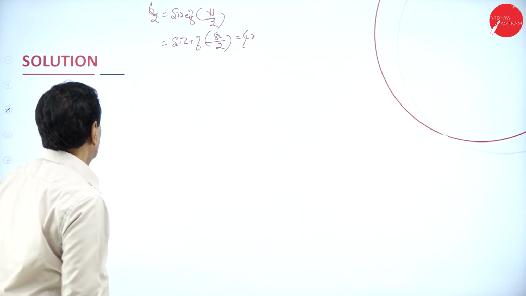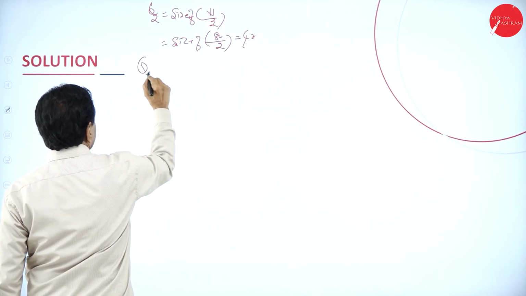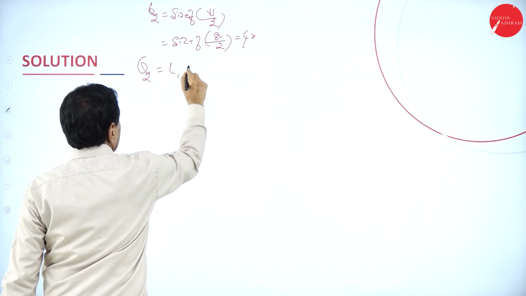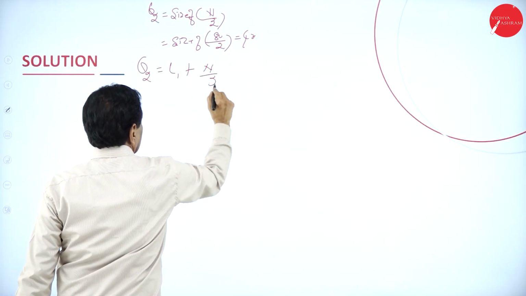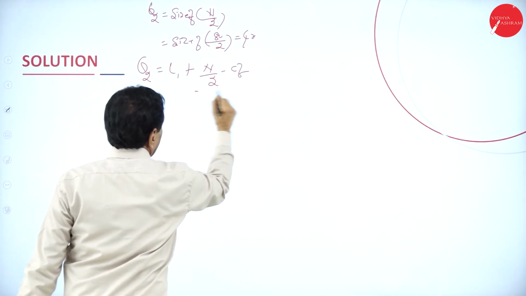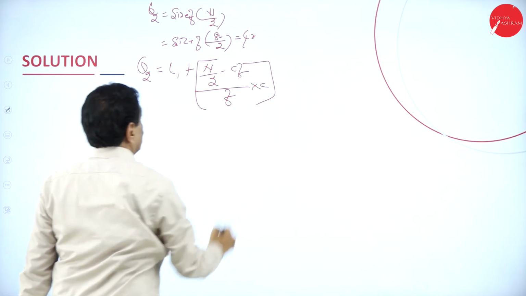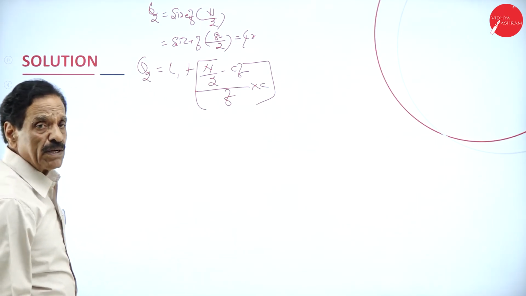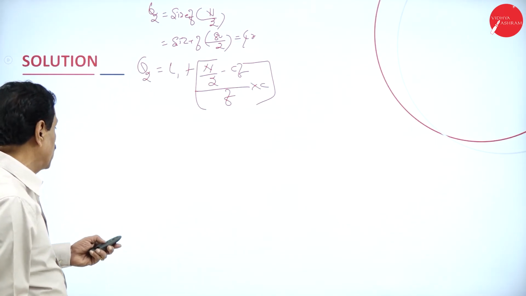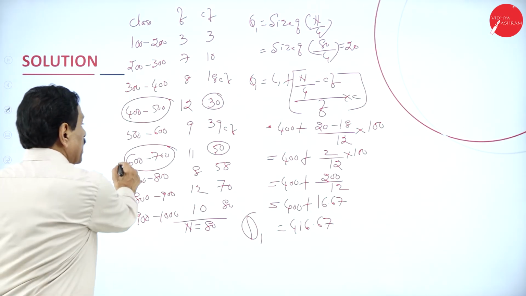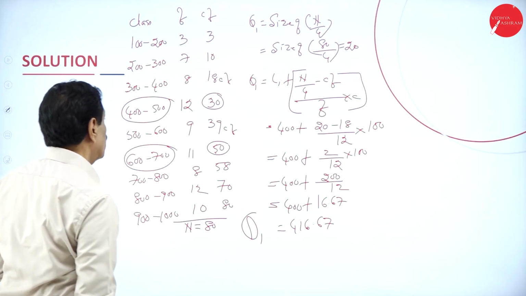Apply. Q2 is equal to L1 plus N by 2 minus CF over F into C. Which range have you selected? 600 to 700.